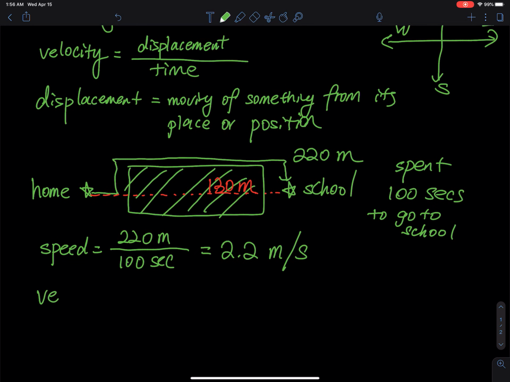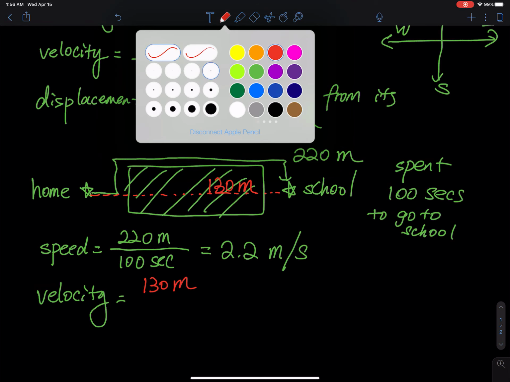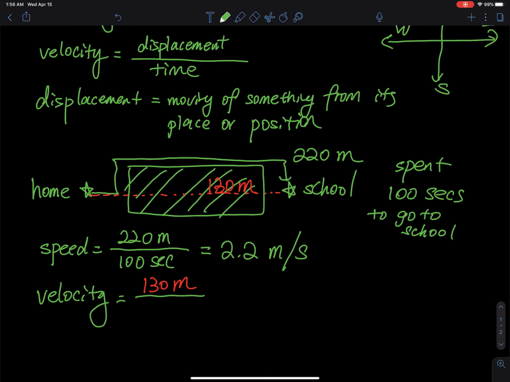So for velocity, it is displacement. So for displacement, we do not consider the route anymore. For displacement, I only consider the distance between your home and school, which is 130. So let's use 130 meters divided by what? Divided by 100 seconds. What is that equal to?